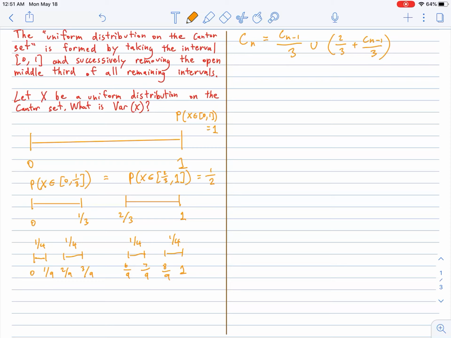If we were to equate that in the probabilistic sense, then we can have that X, the random variable defining the uniform distribution on the Cantor set, is equal in distribution to Y, which I'll define in one moment, where Y follows a Bernoulli, a coin flip, with probability 1/2.